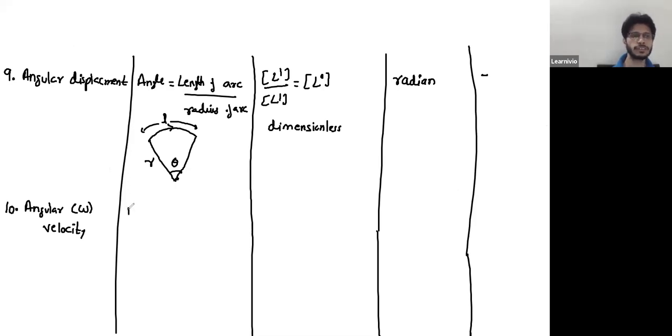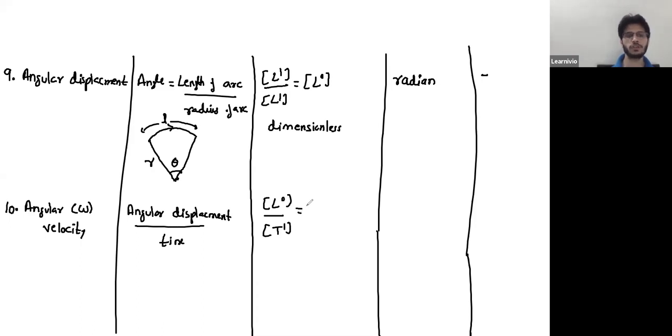Angular velocity is just the ratio of angular displacement and time. See, angular displacement is dimensionless, so that's L0. The dimension of time is T1. So the combined is L0 T minus 1.